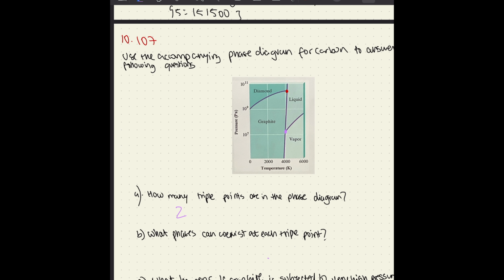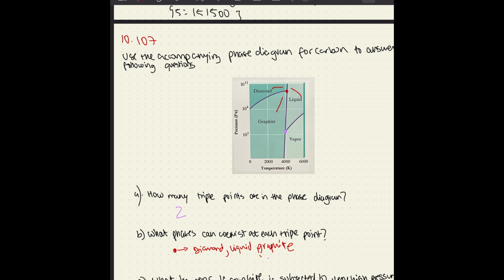What phases can coexist at each triple point? So there's 2. Okay, the red one. You can see this one, this one, this one. So diamond, liquid, and graphite.